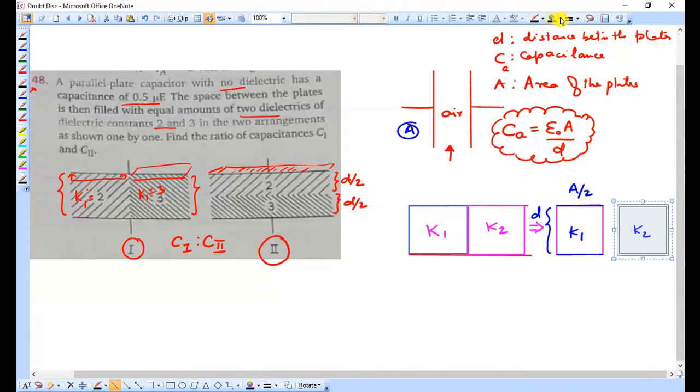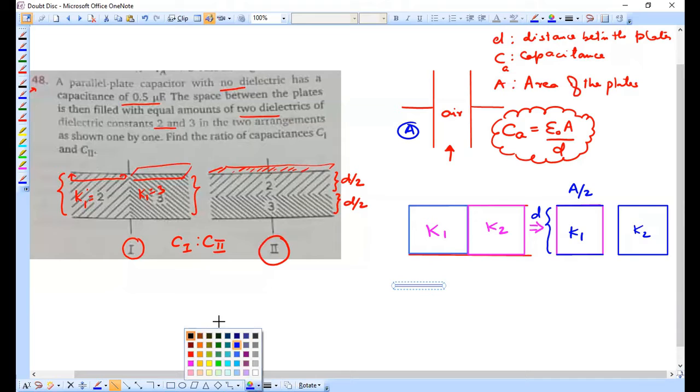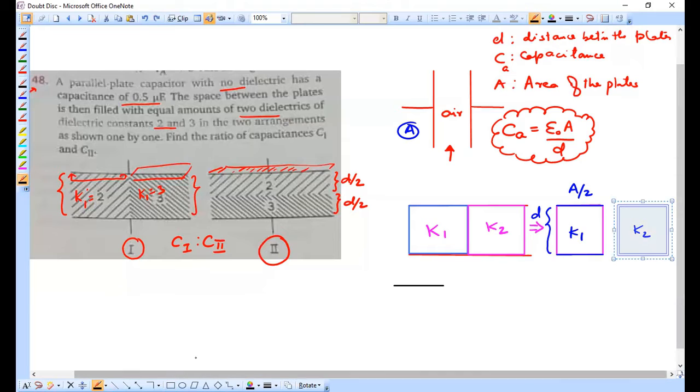So what is happening in this case? It occupies the remaining half of the area between the two plates. So in this case, this is a K2 dielectric, and it occupies half the area, friends.